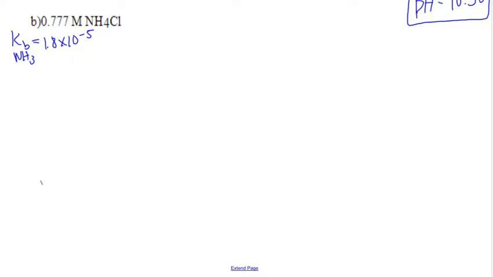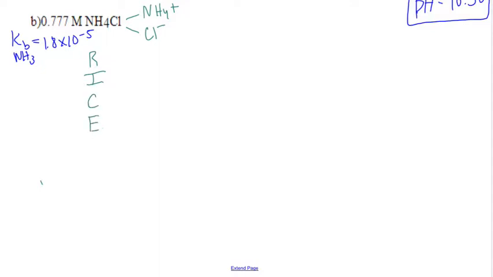We identify that as a salt because we've got 2 ions in it. And this will dissociate into what 2 ions in water? Ammonium and chloride ion. Which one undergoes hydrolysis? The ammonium. So we're going to do a RICE table.